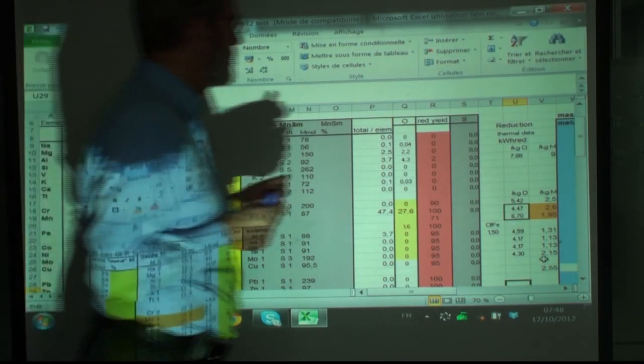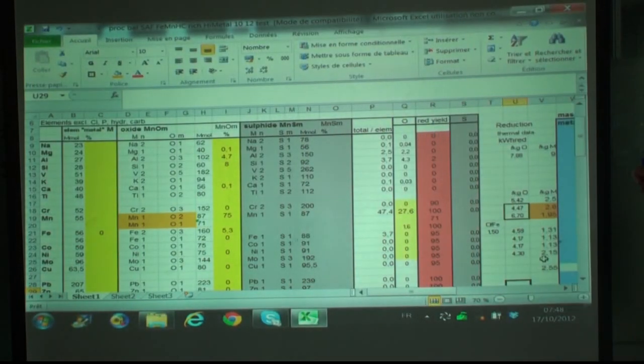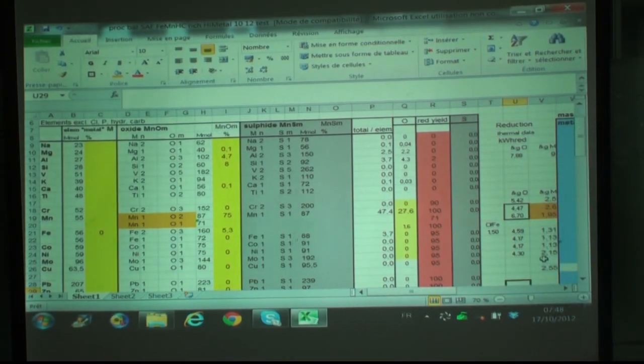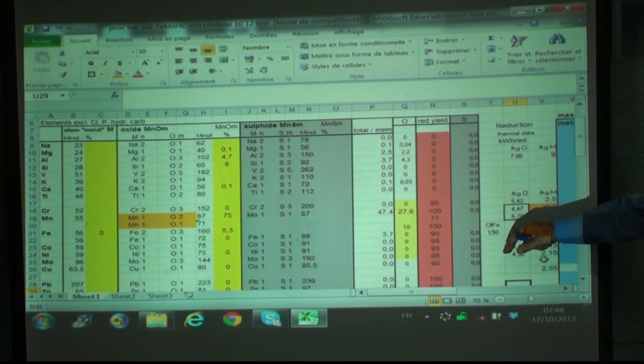Therefore, for the iron, I've put only one value. Per kilo metal, it's 1.3. Per kilo oxygen, it's 4.59, 4.6. But it's the same at any step of the reduction.